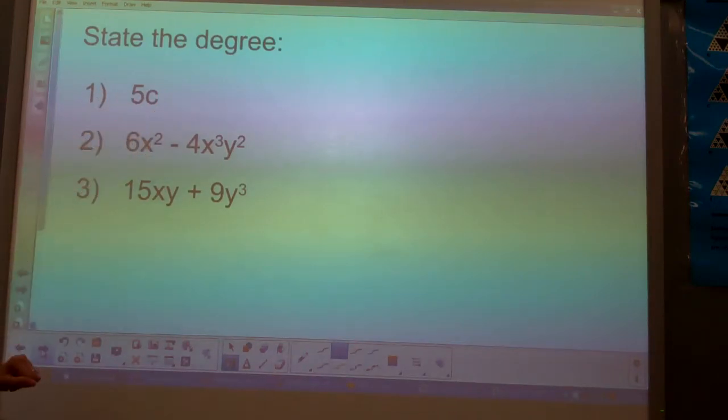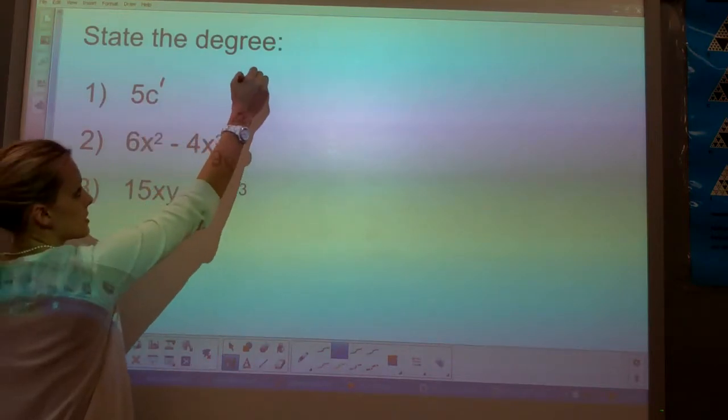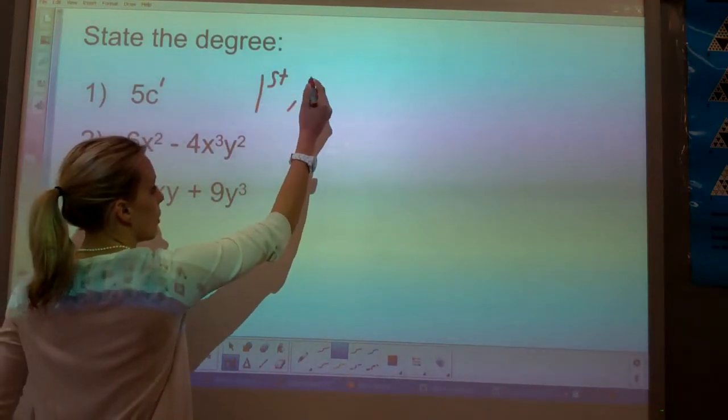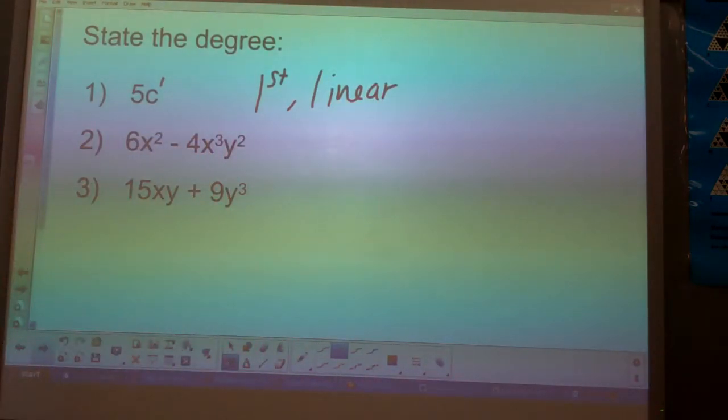So the degree here, for example 1, the exponent on the variable is 1, so this is a first degree, or it would be called a linear polynomial.